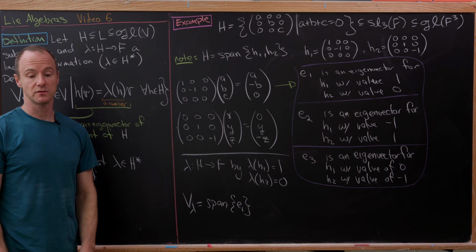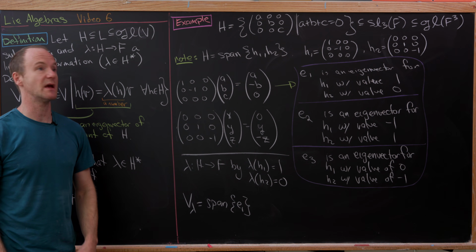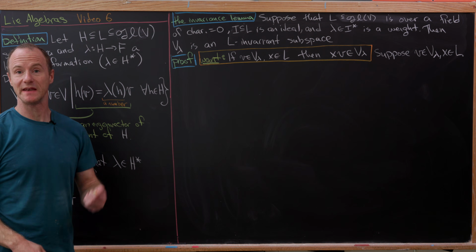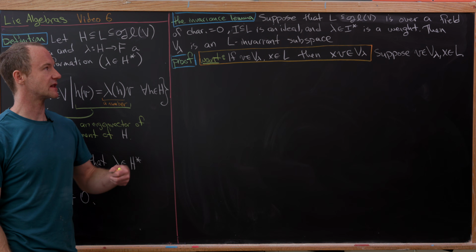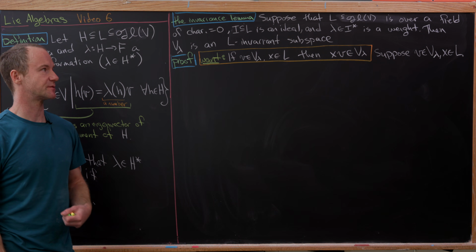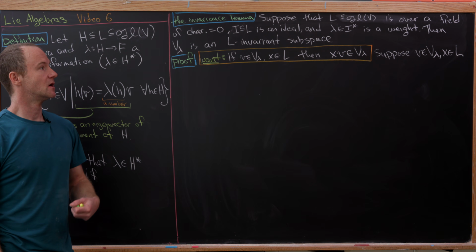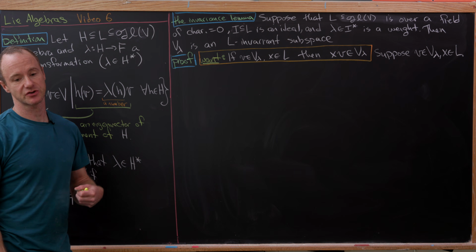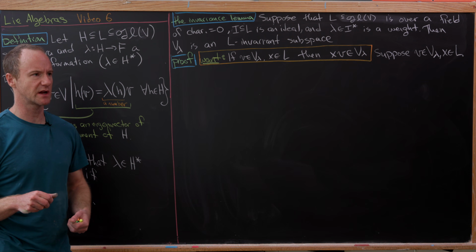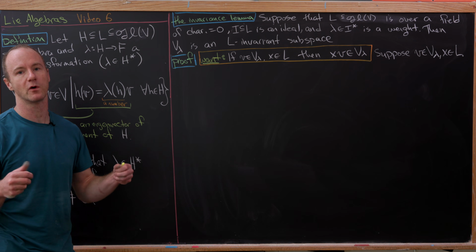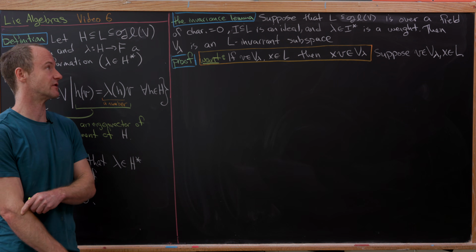Okay, good. So let's move on to maybe the big result for the video. Okay, now for something called the invariance lemma. So let's say we've got a Lie algebra L, which is a subalgebra of GL(V), over a field of characteristic 0. So we've got our base field that we've been working with, and that's been arbitrary before, but now it has characteristic 0.